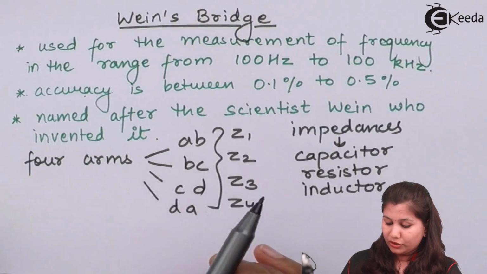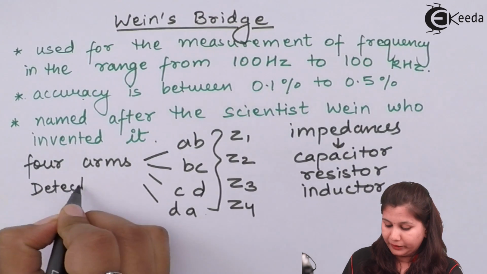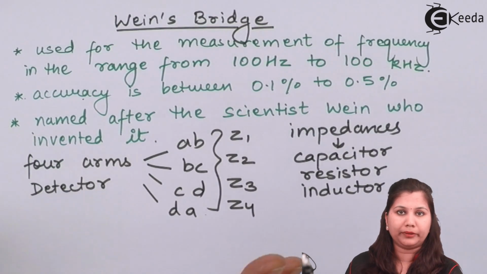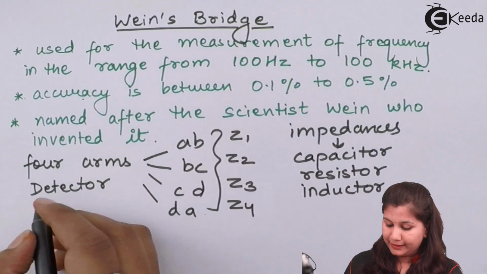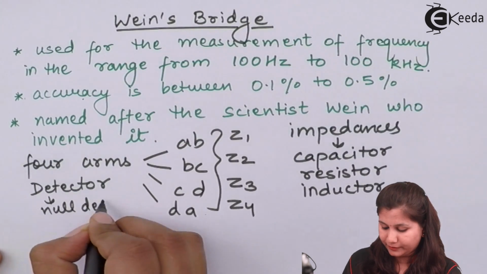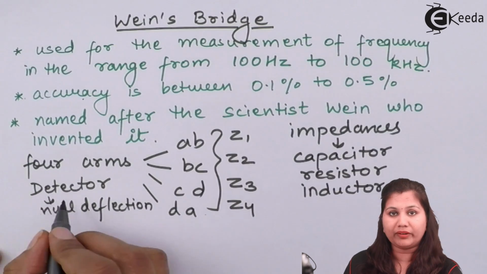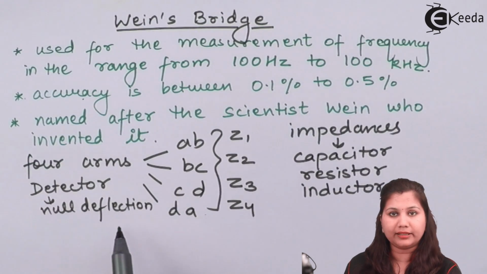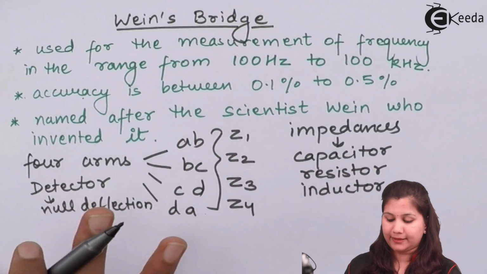Now in this bridge we have a detector also, which is used to obtain the balance of the bridge, by indicating the null deflection. When the detector gives us the null deflection, it means the alternating current bridge is balanced.